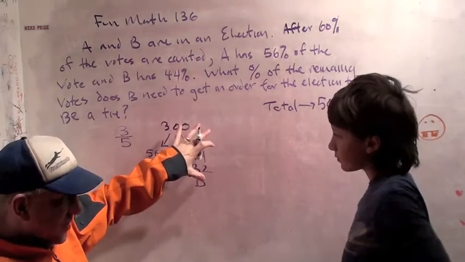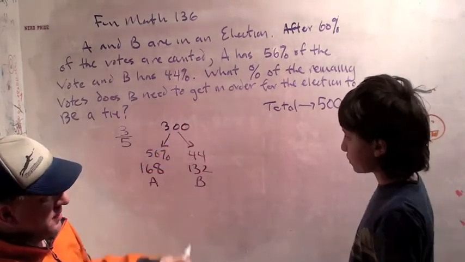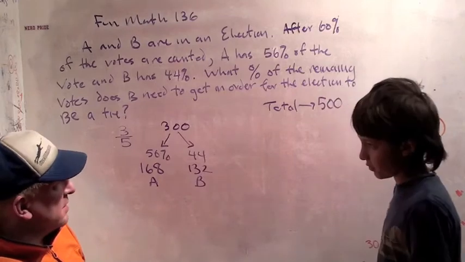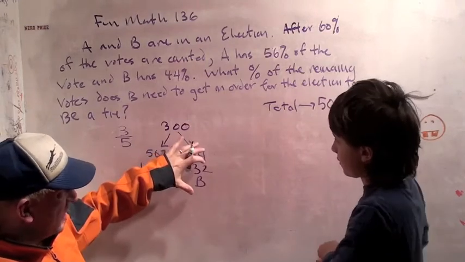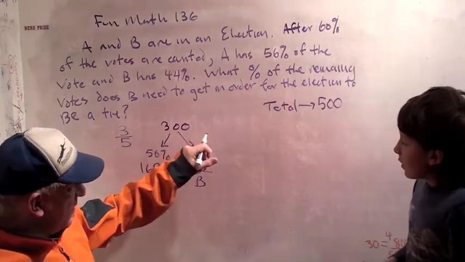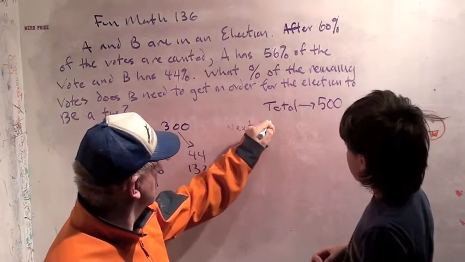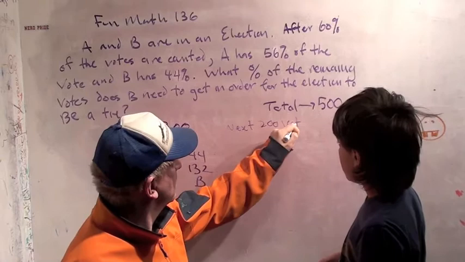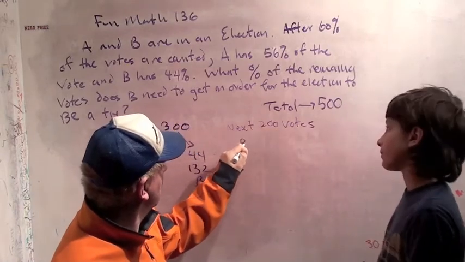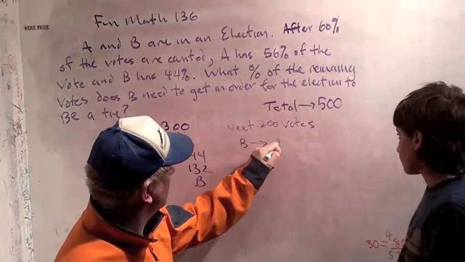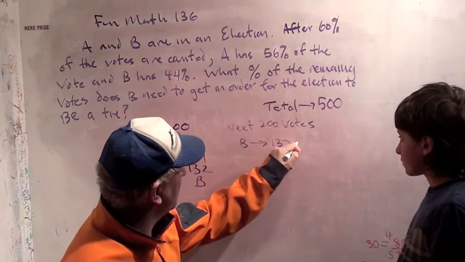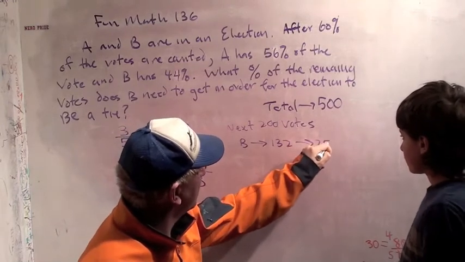How many votes are left to count? There are 200 votes left to count. So in the next 200 votes, B needs to go from 132 up to 250.